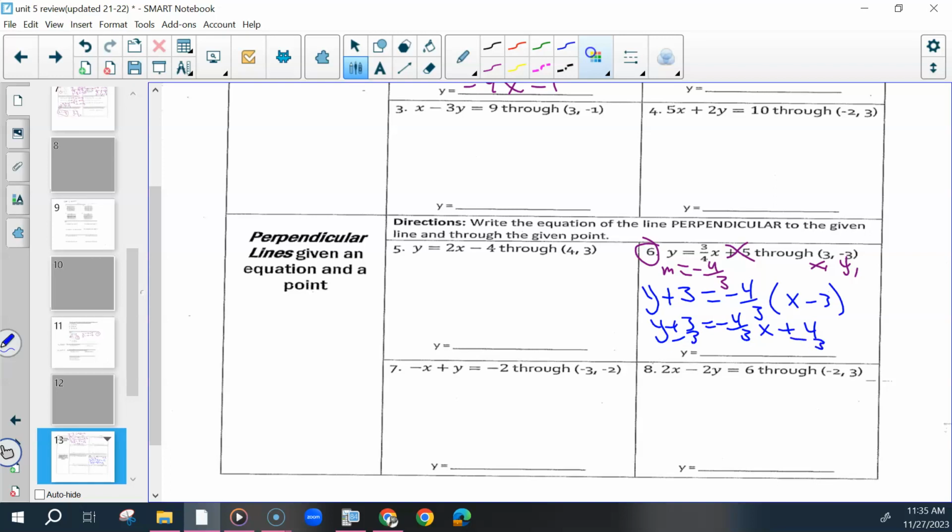Our final equation, which I'm going to write over here, is what? This would be perpendicular to the original that goes through that point.